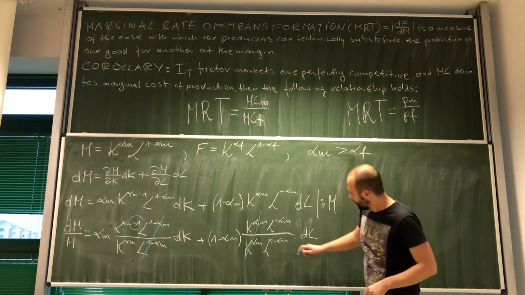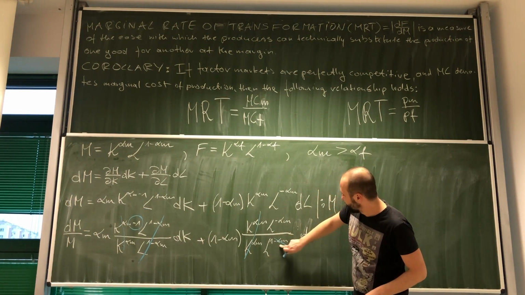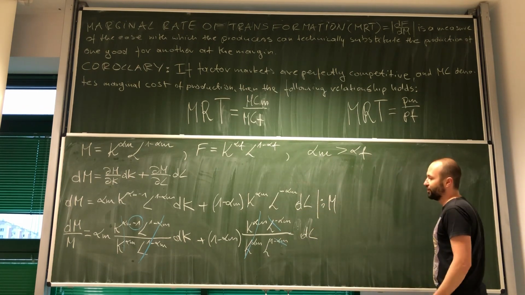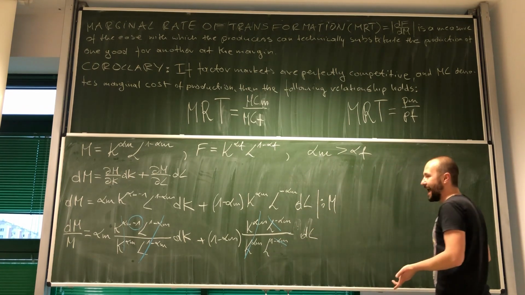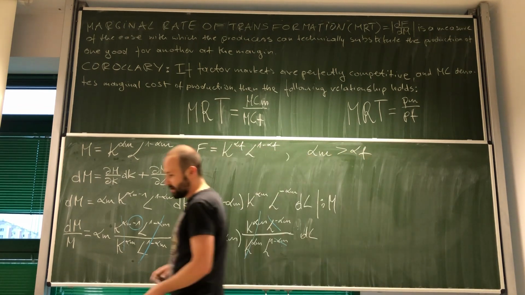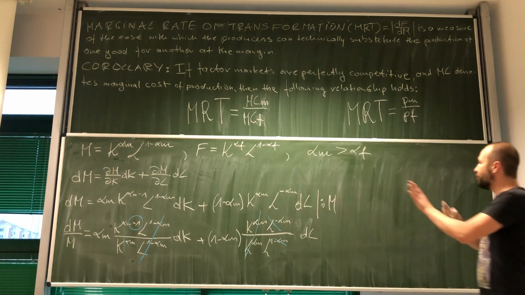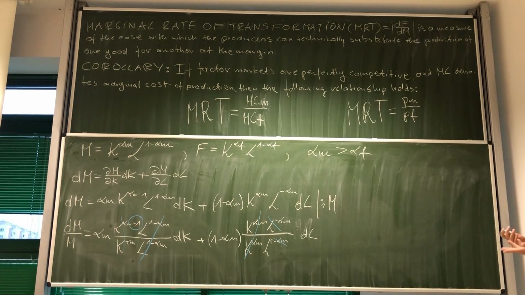And here, alpha m minus L to the power minus alpha m will cancel over here. And again, we will have just L in the denominator. So now, putting this whole thing together, what are we gonna get?